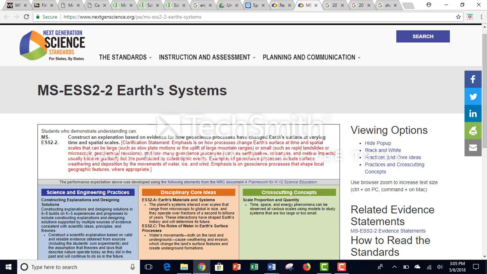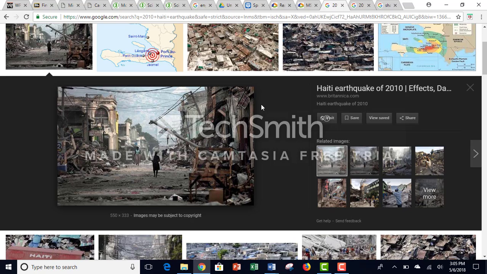Moving on. So the basic information, how this lesson is going to work. The lesson will begin by me showing students a video. I'm not going to play the video, but I'll show images that go with the video. Students will be provided some background about the earthquake that struck Haiti in 2010.